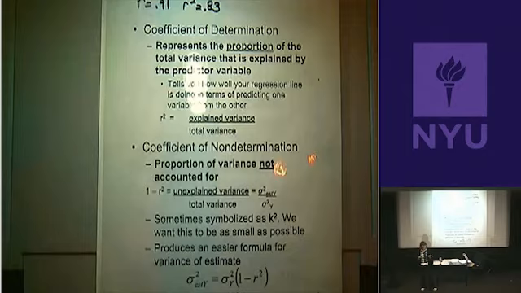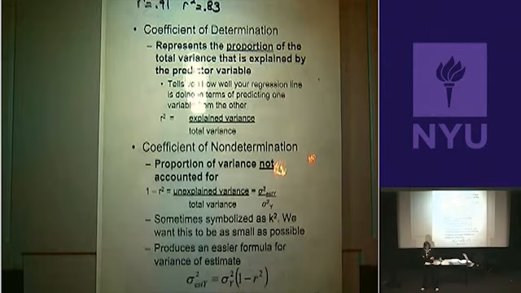Can you just explain the difference between R and R squared? Correlation gives me a measure of the strength of the relationship. That is, how much do extreme scores on one variable tend to have extreme scores on the other variable?